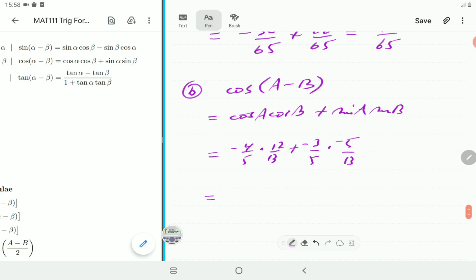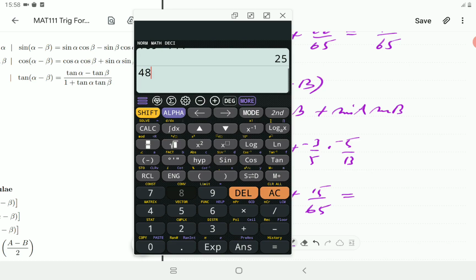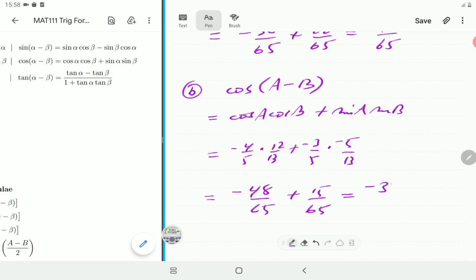So this is going to be minus 48 over 65 plus 15 over 65. Then 48 take away 15 is 33, negative in this case, so it's going to be negative 33 over 65.